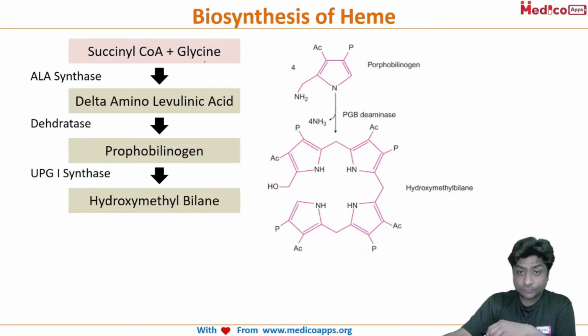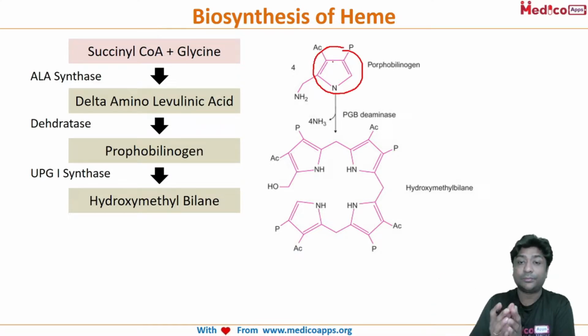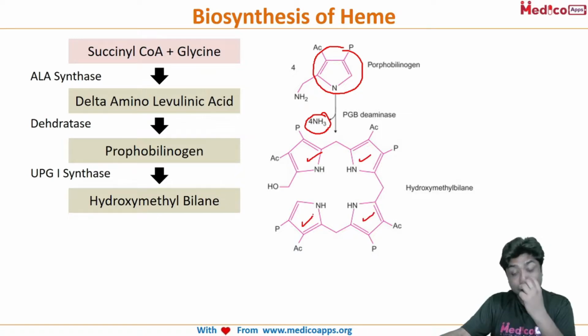Then what happens? 4 of these monopyrroles condense together, and at this step ammonia is removed. Then you have your first tetrapyrrole being formed. This is basically PBG being converted into HMB, hydroxymethylbilane.